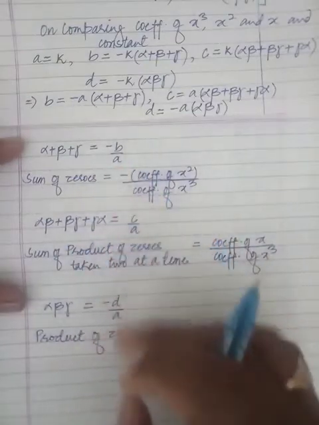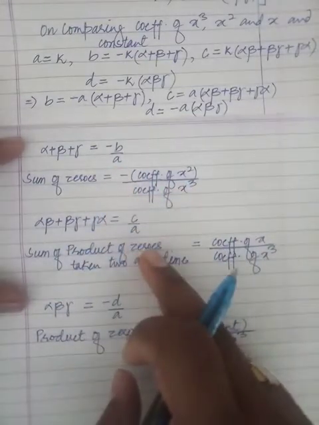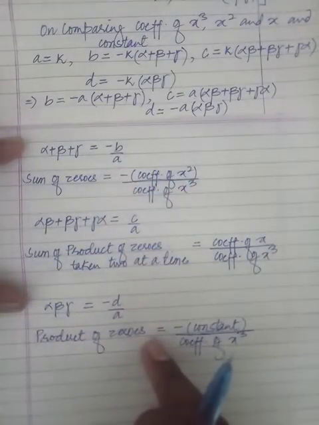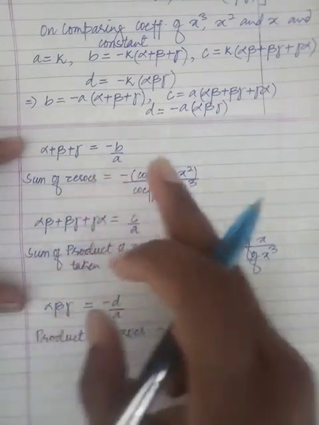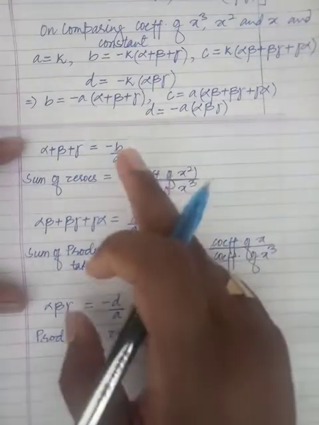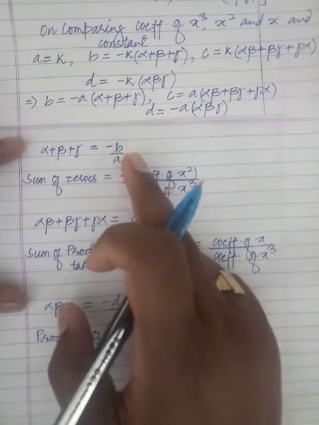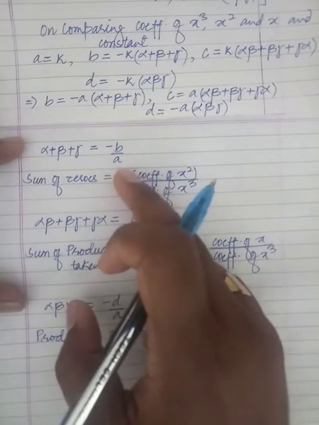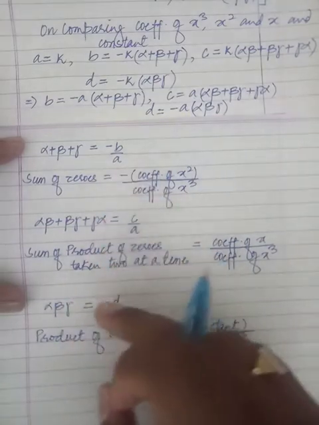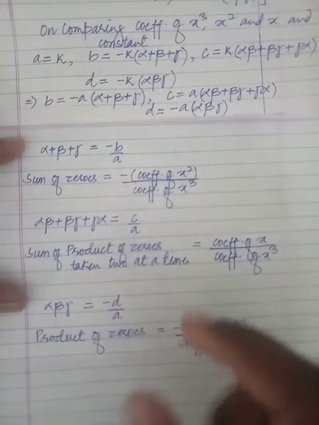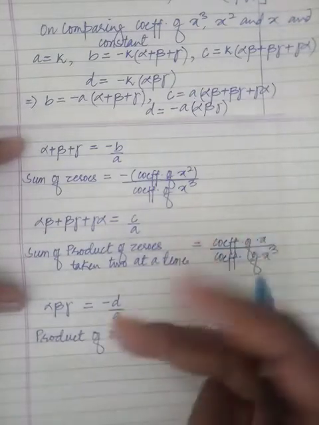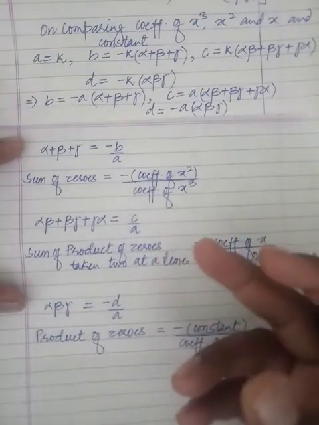So these are the three: sum of zeros, sum of product of zeros taken two at a time, and product of zeros. For a quadratic polynomial, you have learned that alpha plus beta is equal to minus b by a, where b is the coefficient of x and a is the coefficient of x square. And there is one more relationship, that is product of zeros, which is equal to c by a. Fine. So in quadratic we have two relationships, and in cubic we have three relationships.